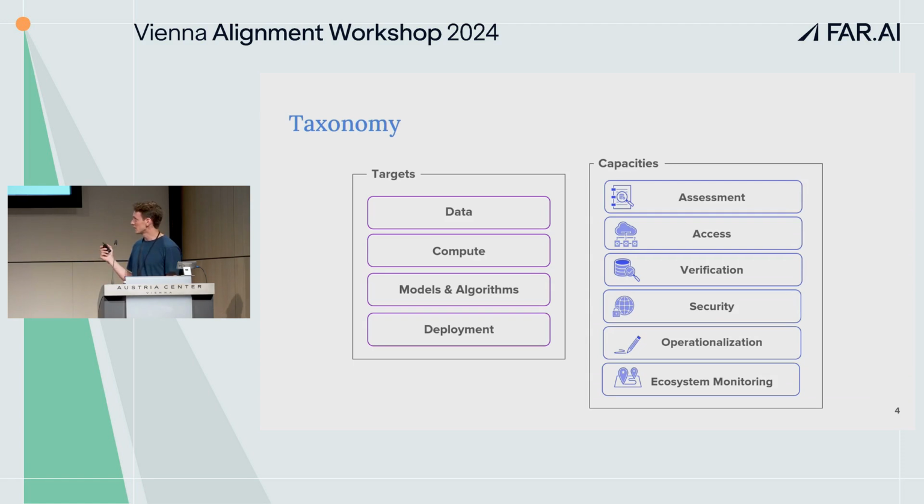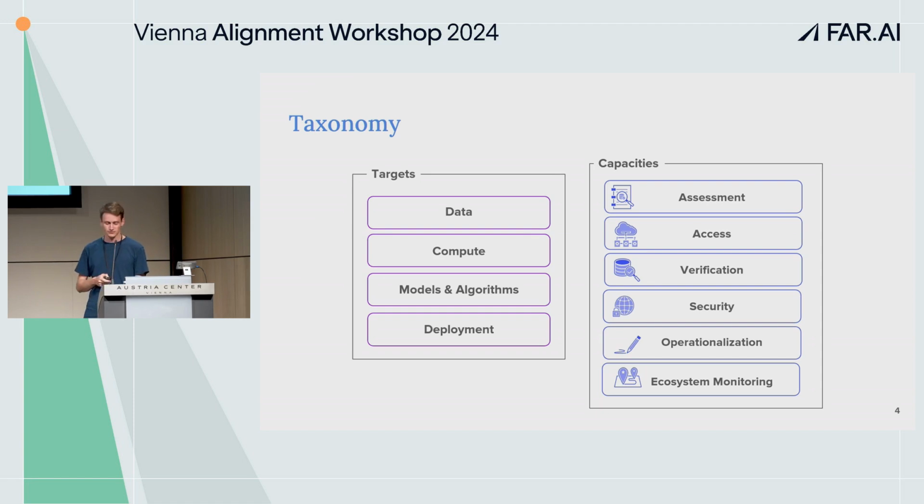In the paper, we taxonomize technical AI governance according to what we term targets and capacities, where targets are key elements of the AI value chain, going from data and compute to a system's deployment in the real world.